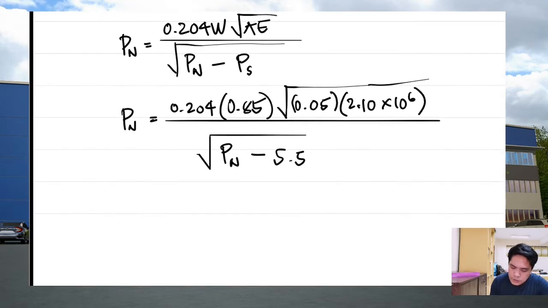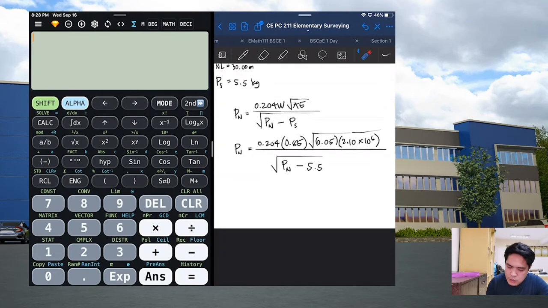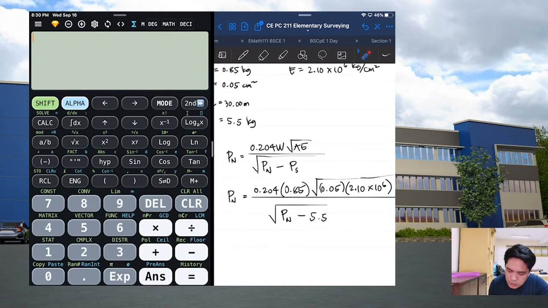Okay? So, using our calculator, this is just shift solve, since we're doing trial and error, we go straight to the calculator. So, we'll have x is equal to 0.204 times 0.85 times the square root of 0.05 times 2.10 times 10 raised to 6 divided by the square root of normal, that's unknown, minus 5.5.